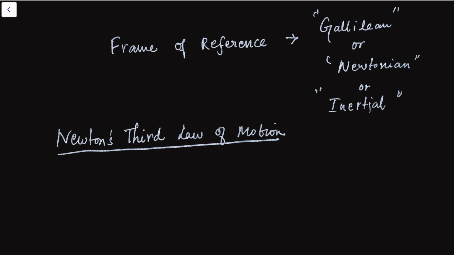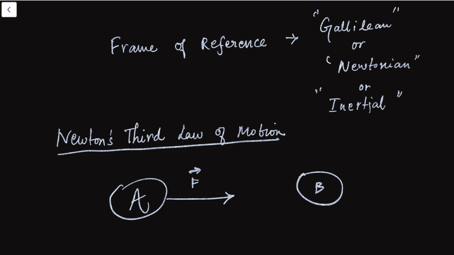Which says that if a body A exerts a force F on body B, and if B exerts a force minus F on A, then it will be equal. In other ways, to every action there is always equal and opposite reaction.